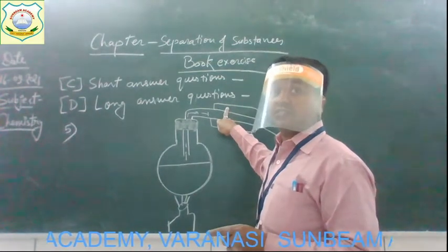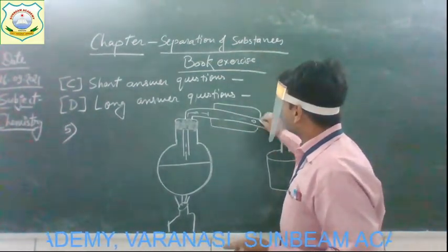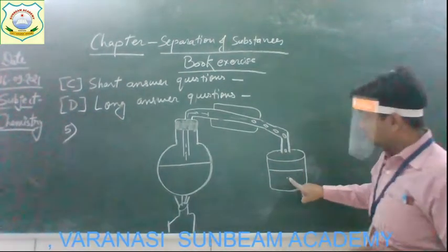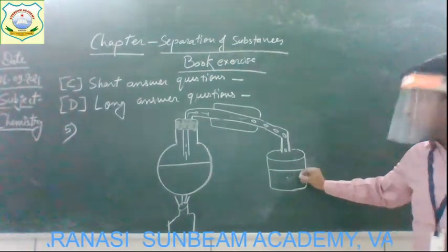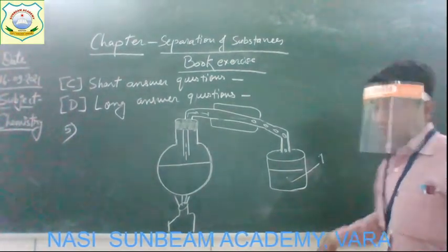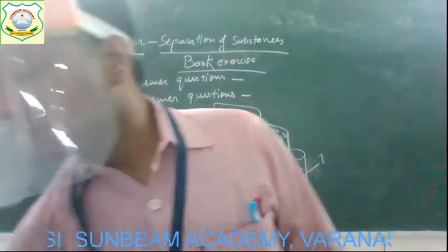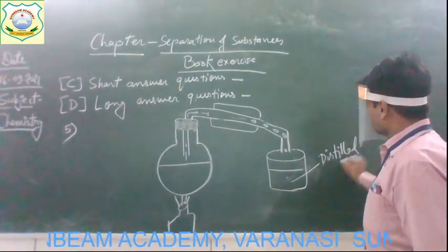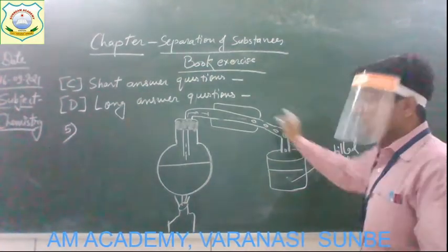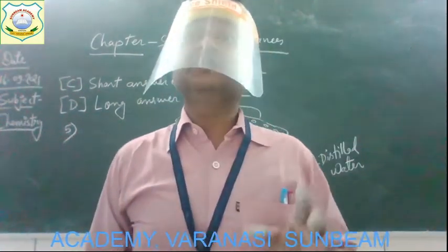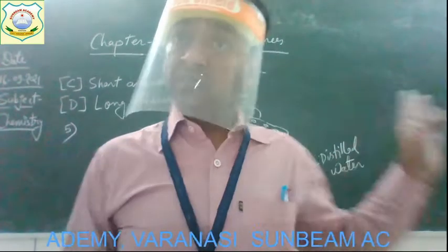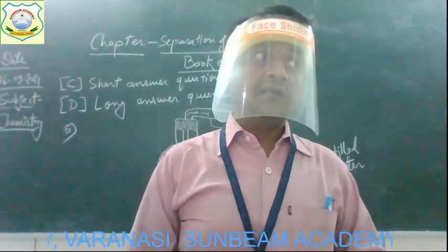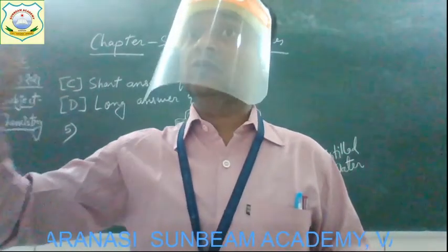After cooling, it comes in the form of water and gets collected here. So this is the distilled water, and this process is known as distillation. This diagram you have to draw in this question, and label it also.